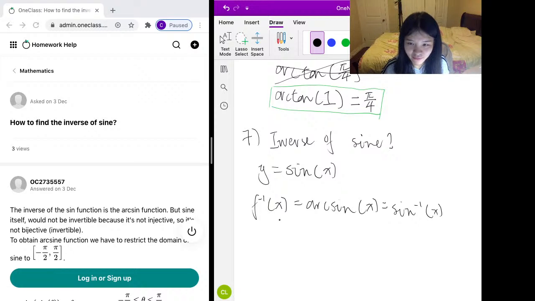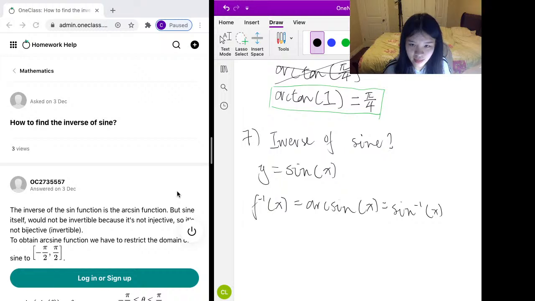It doesn't pass the vertical line test, so it's not invertible. But if we restrict the domain to negative pi over 2 to pi over 2, then we can find the inverse, because we're only taking a portion of the sine function that passes the test and finding the inverse of that part.